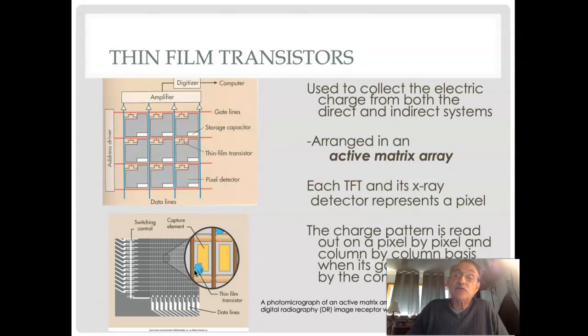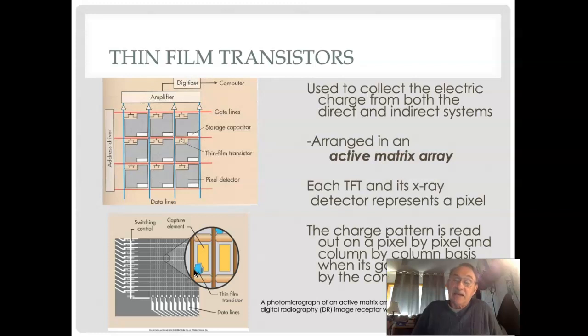And it's a matrix. Remember, the term matrix is an organized number of rows and columns composed of individual detector elements. And different manufacturers have different size matrices that are available.